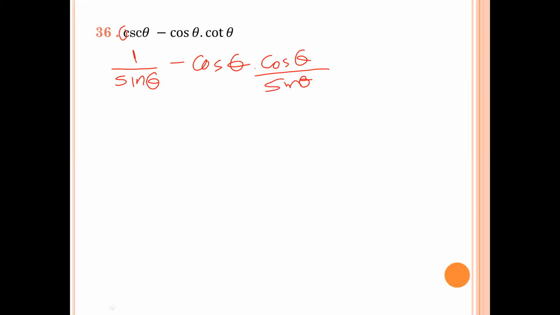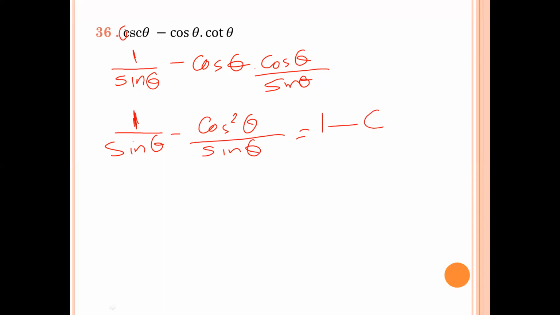Then 1 over sine theta minus cosine times cosine is cosine squared of theta over sine theta. After simplifying them, it will be 1 minus cosine squared of theta over sine theta.